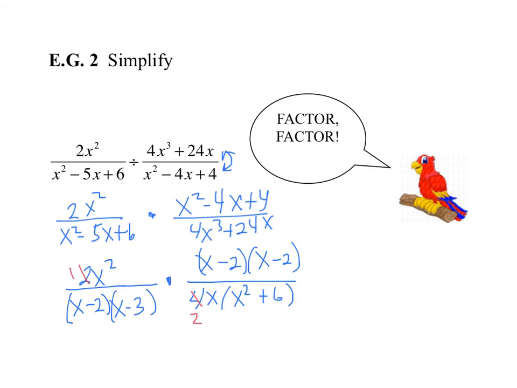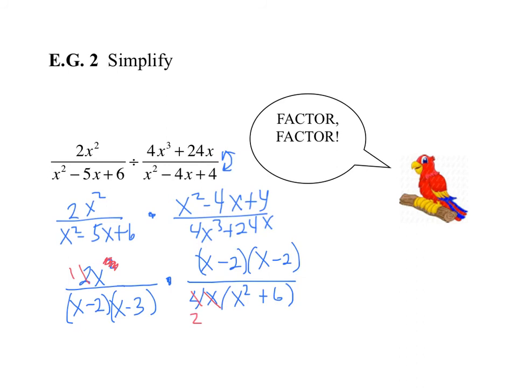This is the same as saying 2 divided by 2 is 1, and 4 divided by 2 is 2. We have the x squared here, also part of a mono. That can cancel with this x here, so basically this x is gone. Okay, and then this x squared now is no longer an x squared, it's an x.